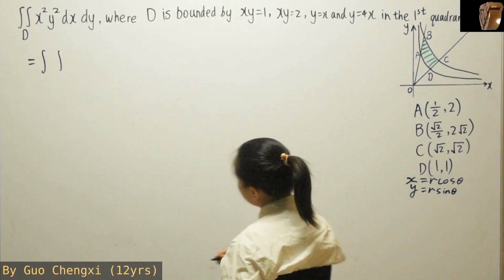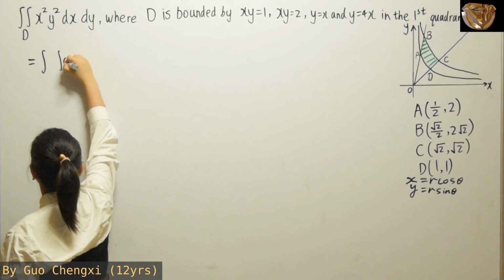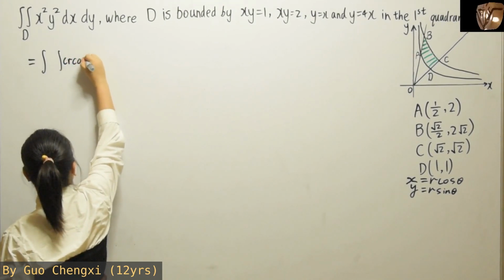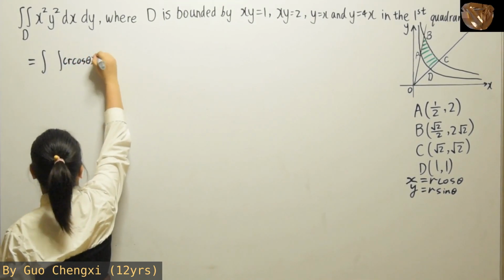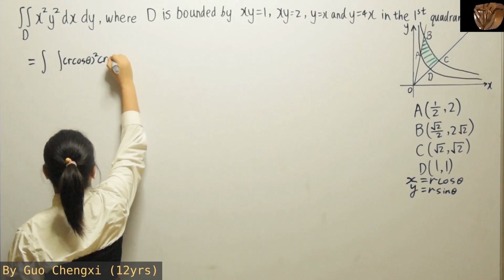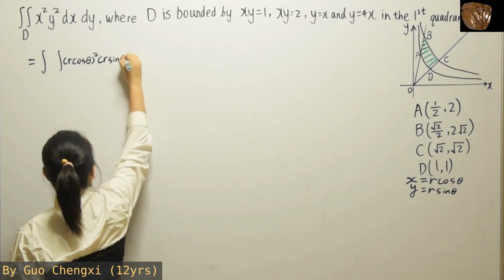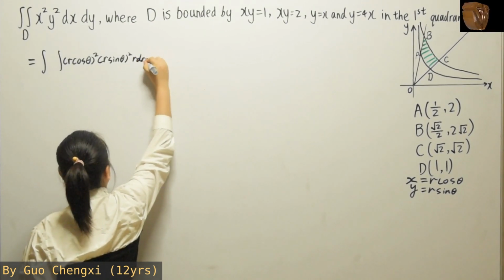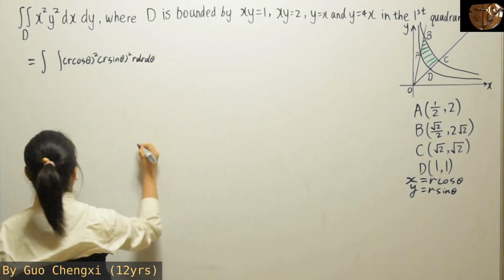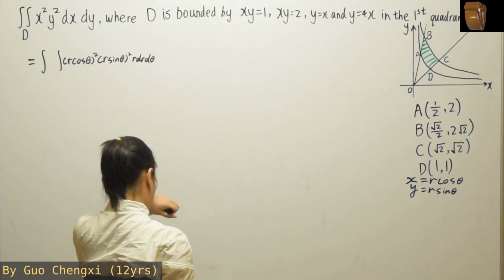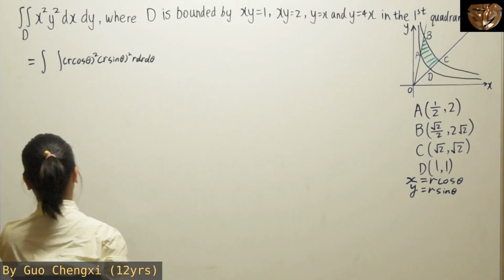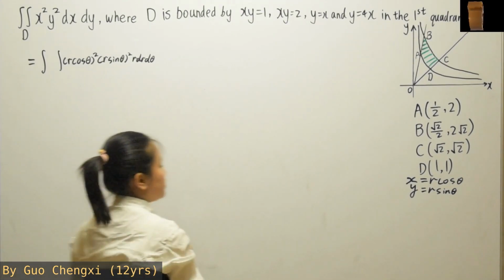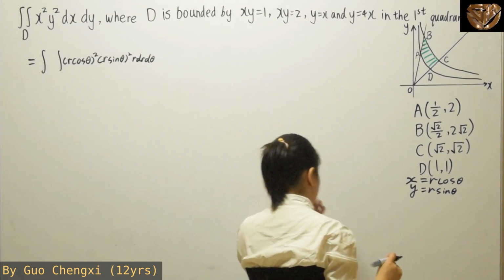So what we have here is the bracket r cosine theta squared, r sine theta squared, r dr d theta.